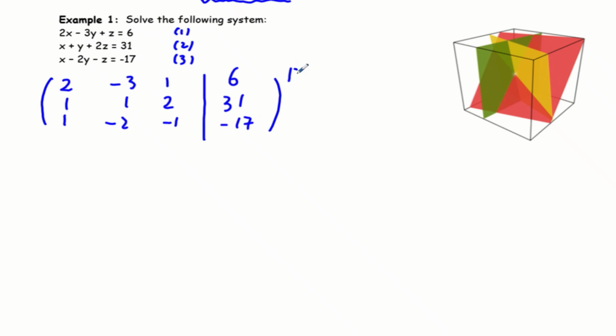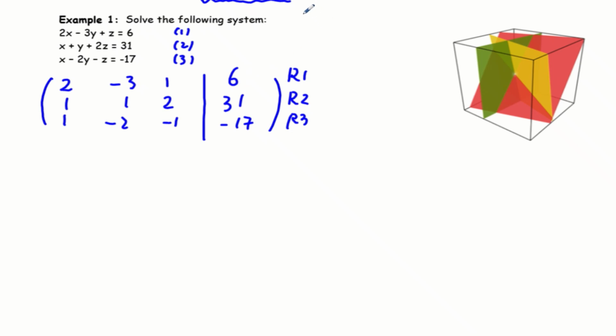So we have row 1, row 2, row 3. The first thing we want to check is whether they are parallel. Parallel means that after multiplying by a number, they are exactly the same. If they are parallel, we need to check this side, whether the number is the same or not. If not the same, no solutions. If the same, it means you have two planes that are the same.